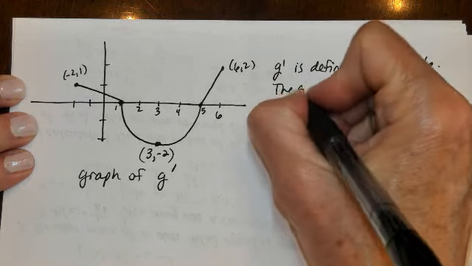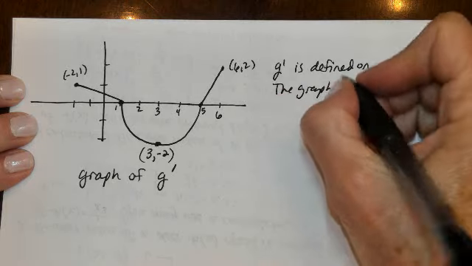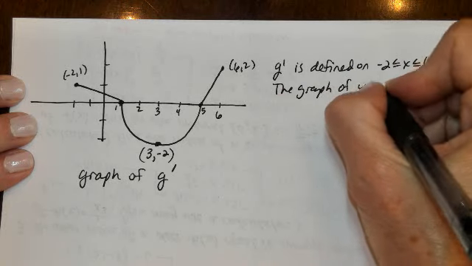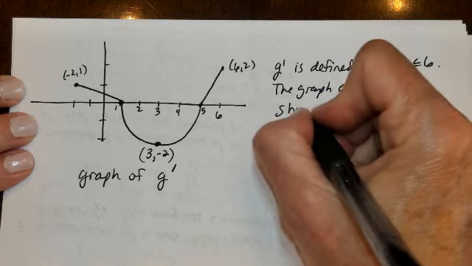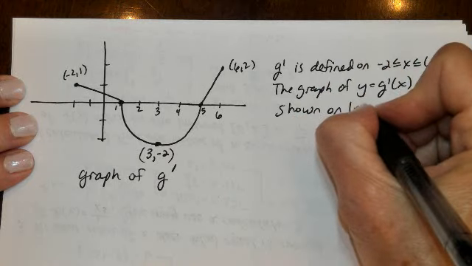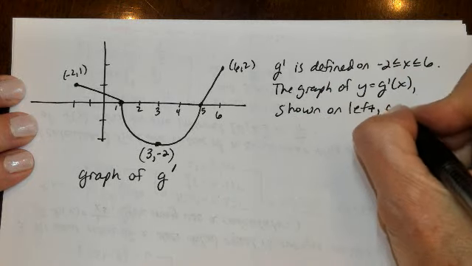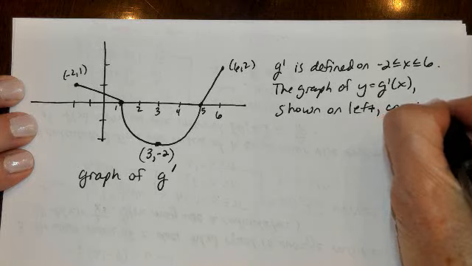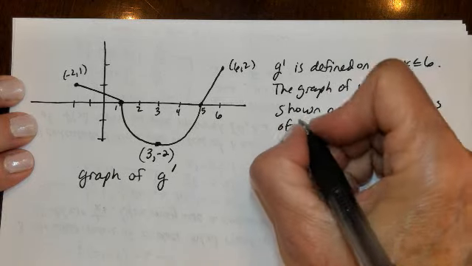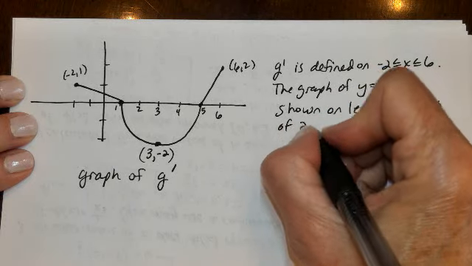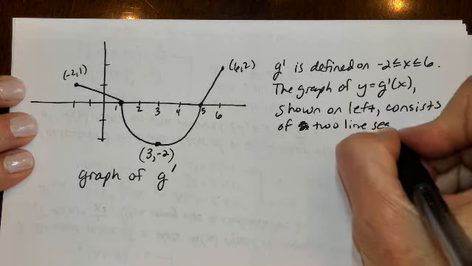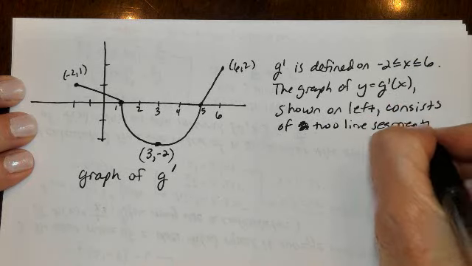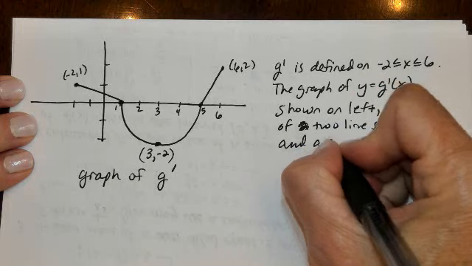The graph, I would need to tell you, is shown on the left here, and it consists of 2 line segments, and a semicircle.